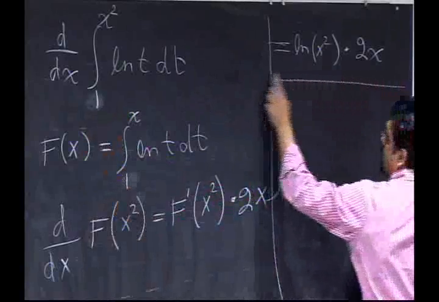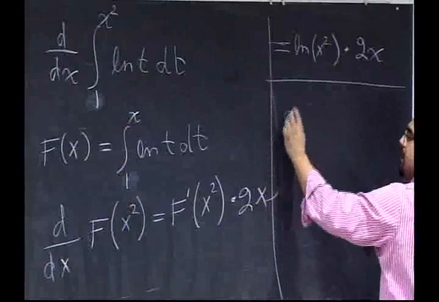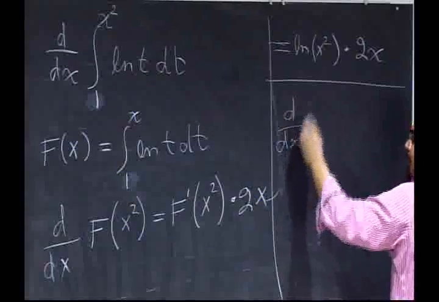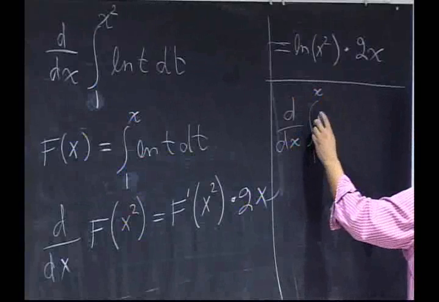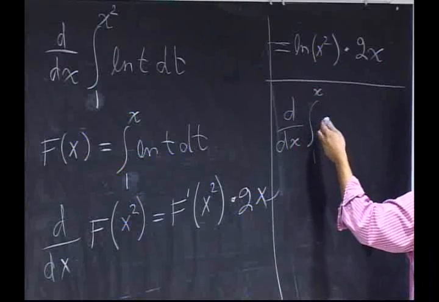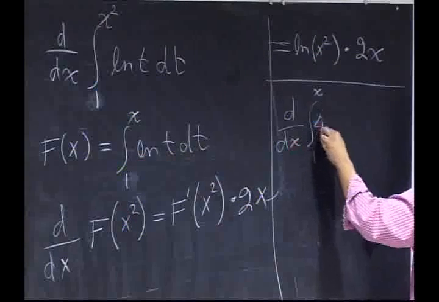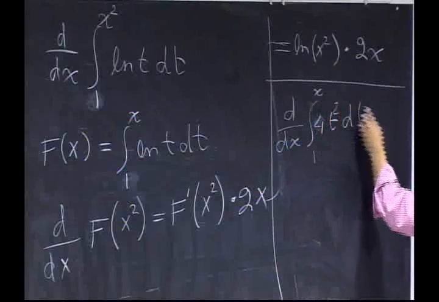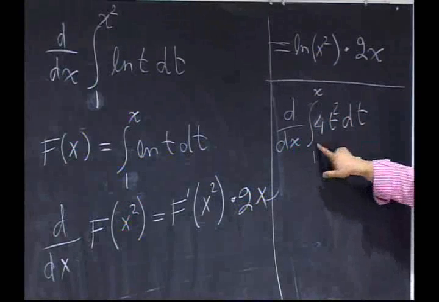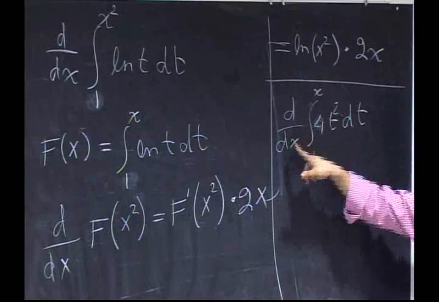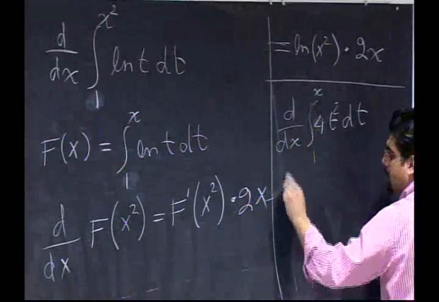So let me do this a long way. Let's find out what the derivative of the integral of 4t squared is. We're going to do this manually, which means we're first going to do the integral, and then we're going to do the derivative.